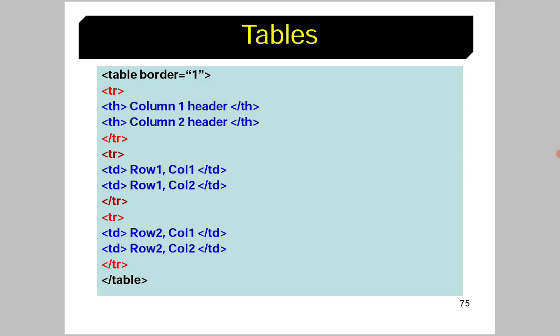The syntax is table border equals quotes 1, then tr and slash tr. Inside the tr we may use the th tag. What is the tr tag? Tr means table row. If you want to create 3 rows in a table, then you write 3 tr tags, tr slash tr, again tr slash tr, like that.